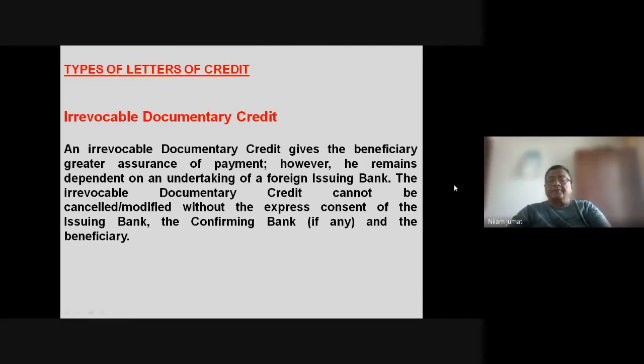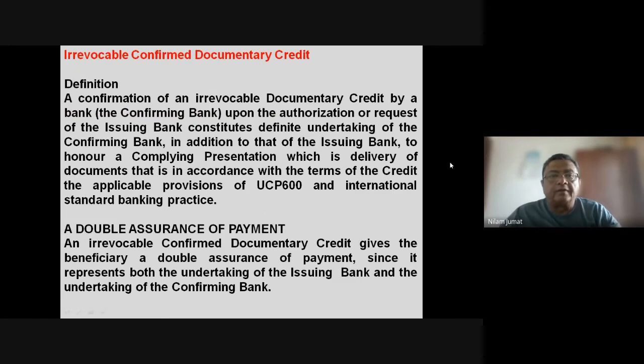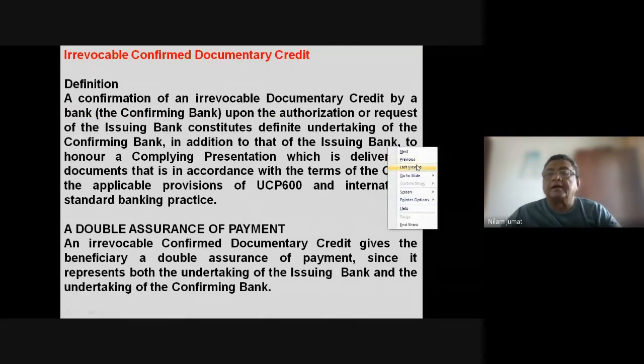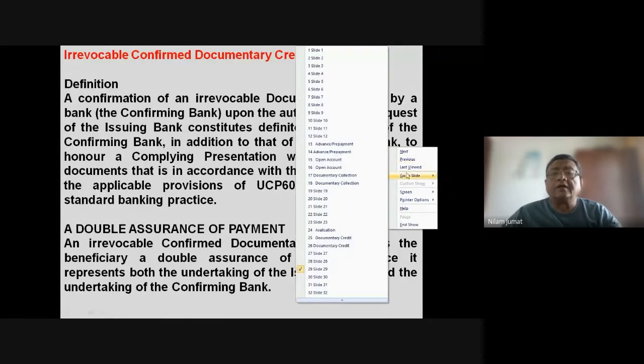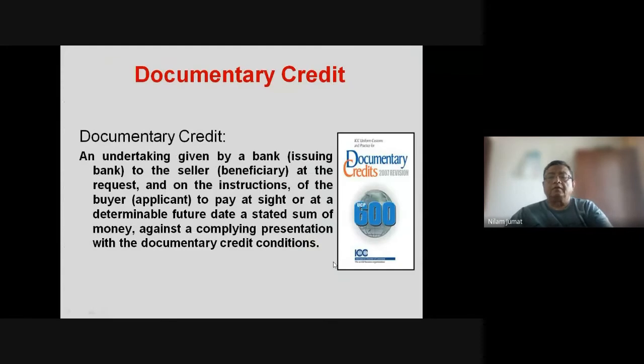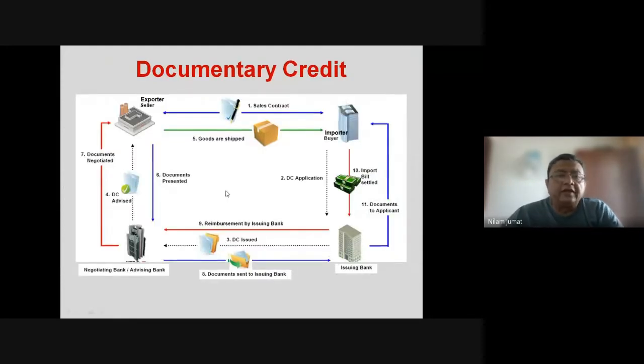Alright. Now I spoke about confirmed document credit. Where the customer wants a document credit, and not only that, he also wants a confirmed document credit, right? Like I said, we took this as UK.